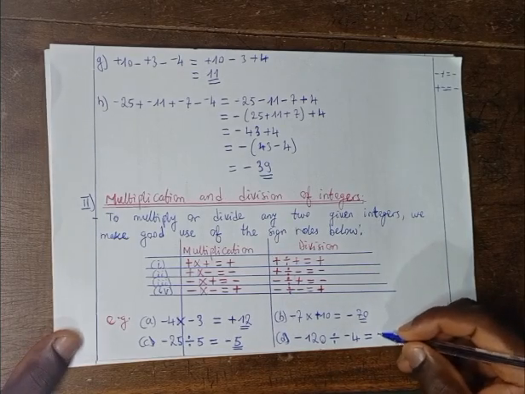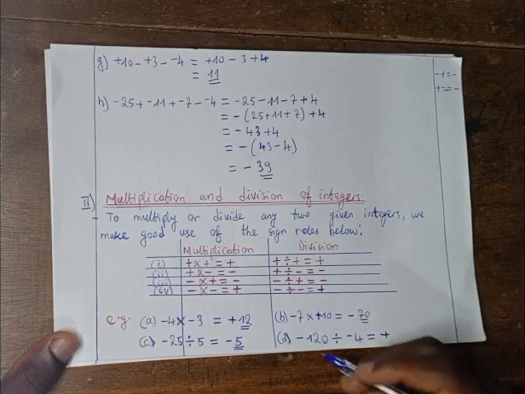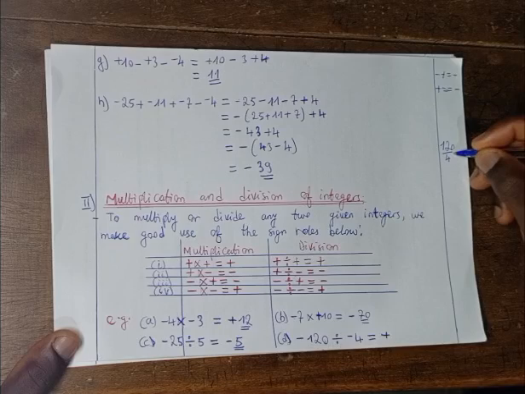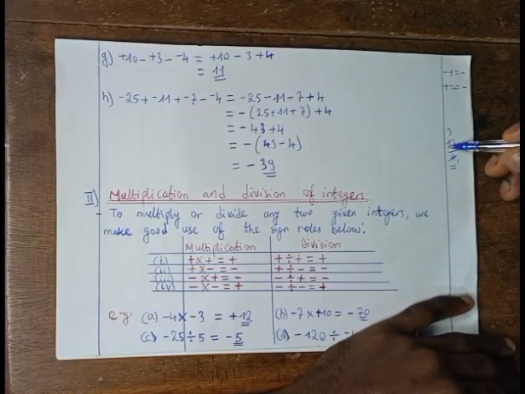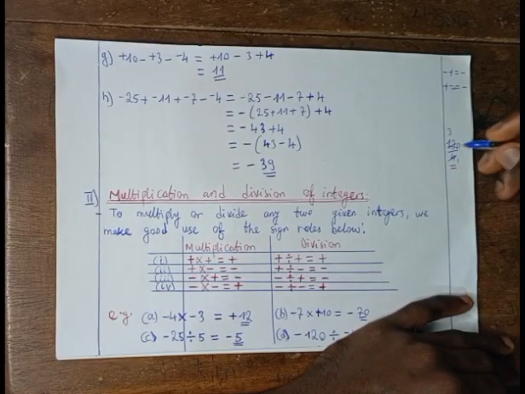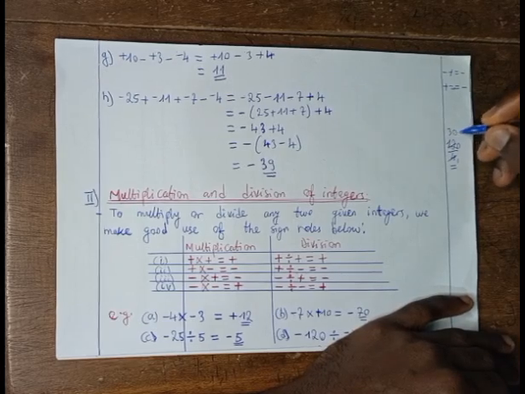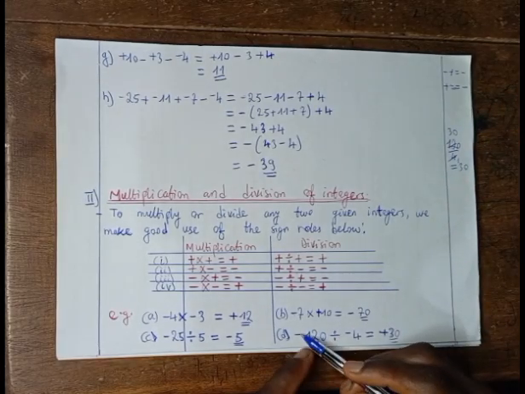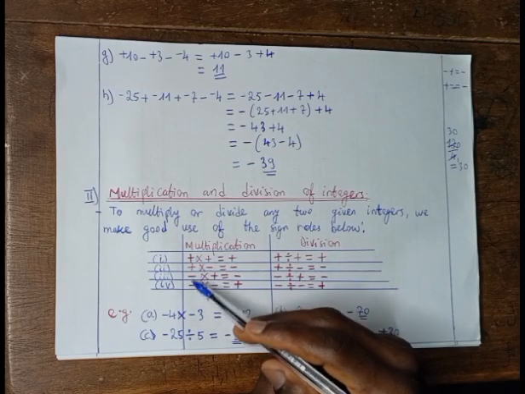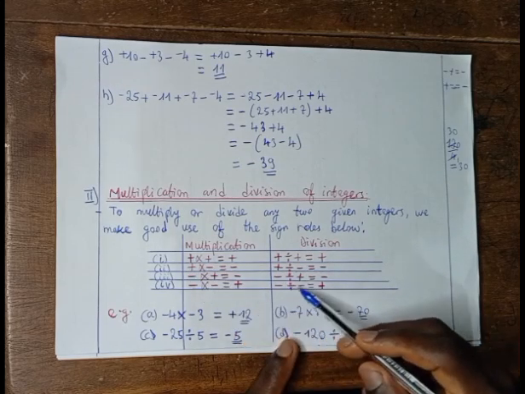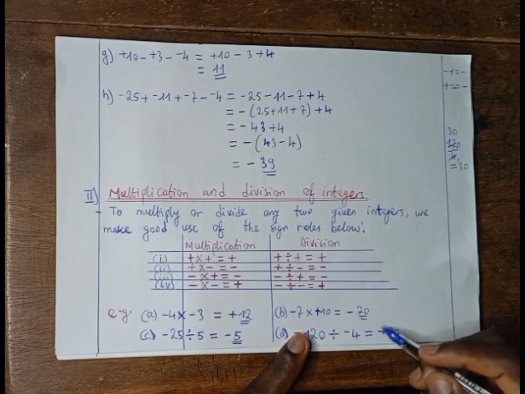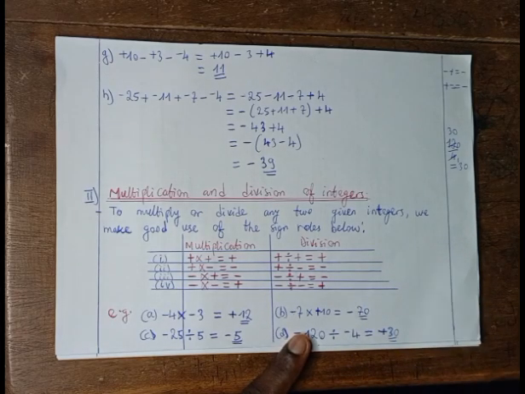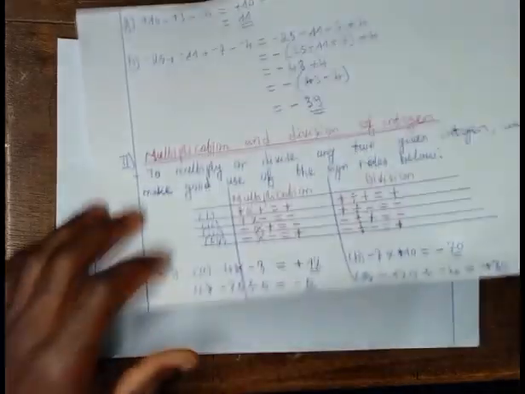So we are going to put a positive sign here. Then we divide 120 by 4. 4 will go into 12 3 times. We are going to attach 0. So this will give us 30. So this will simply give us positive 30. And we are done with this.